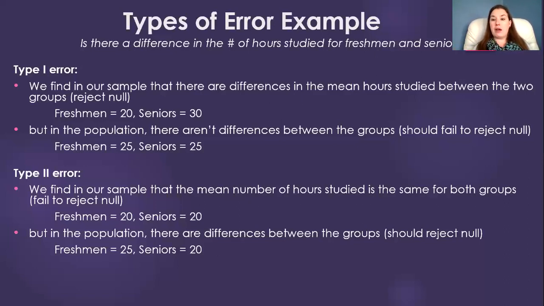So type 2 error is when we conclude based off of our sample that there's no differences between groups, but in reality, in the population, there is a difference between groups. That's type 2 error. Okay.